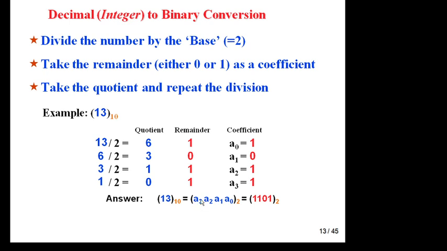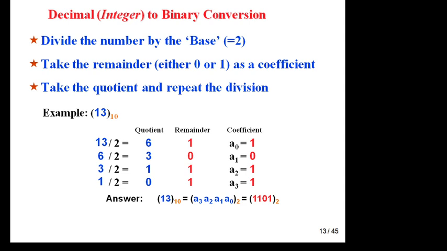A3 is the MSD or MSB, and A0 is the LSD or LSB. So the answer is 1101. For converting into the binary number system, you can also write the answer directly. When 13 comes, you just add the positional weights 1, 2, 4, 8, 16, 32.